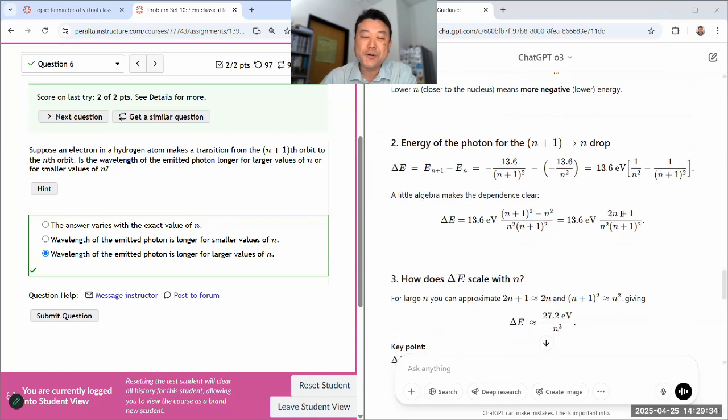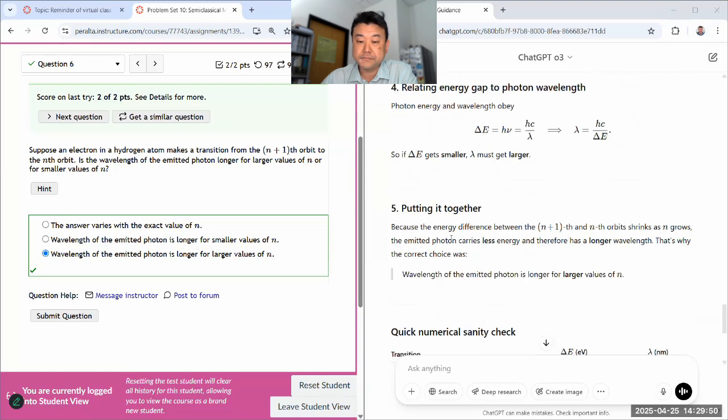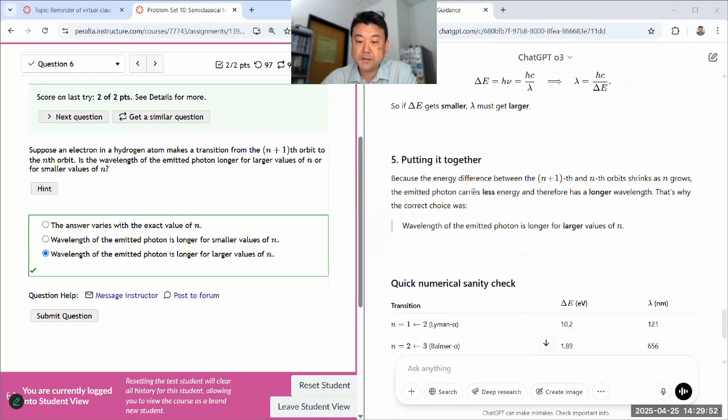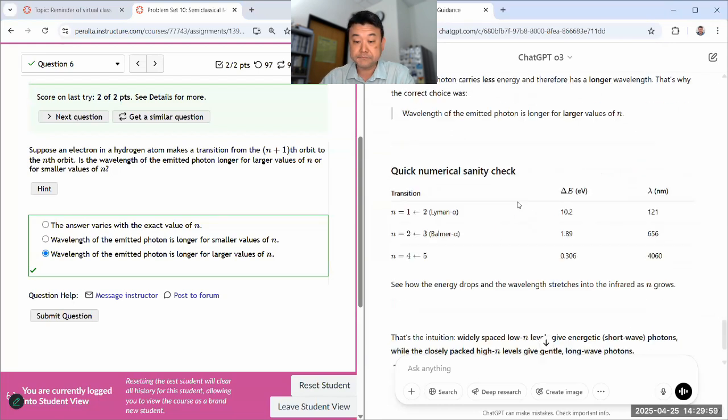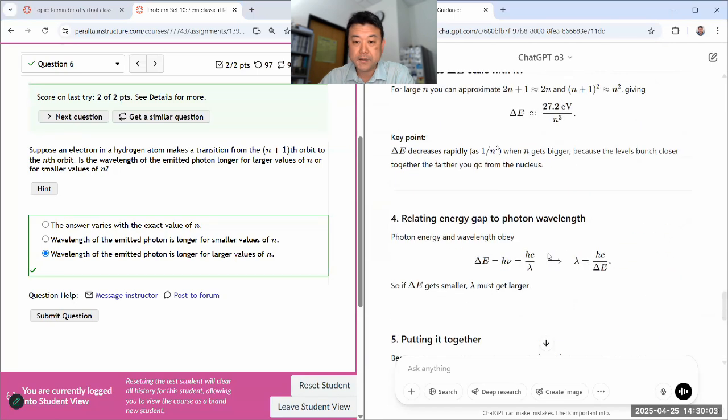The numerator goes linearly in n, the denominator goes as a fourth power in n. So as n gets bigger, this number gets smaller and smaller. It carries less energy, meaning lower frequency, so longer wavelength. And yeah, it ignored my insult.